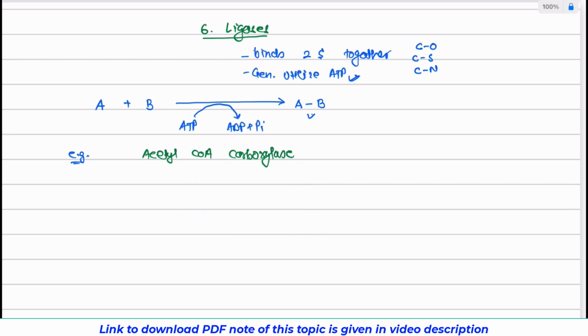This enzyme acts on two substrates. The first substrate is acetyl coenzyme A, and the second substrate is carbon dioxide. It makes a bond between acetyl coenzyme A and carbon dioxide, so both bind with each other and form malonyl coenzyme A. And simultaneously ATP gets hydrolyzed to ADP and inorganic phosphate.